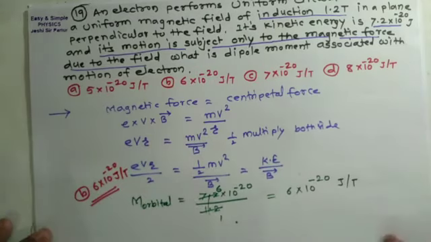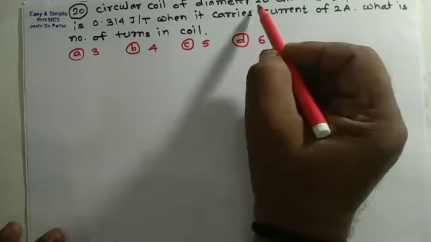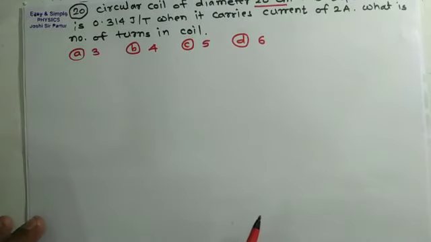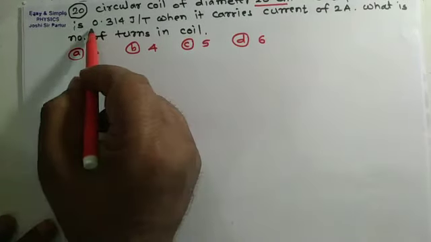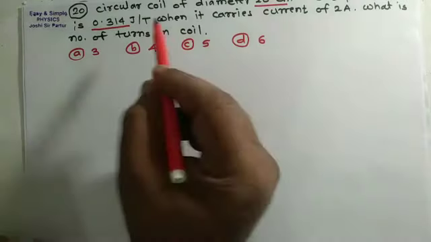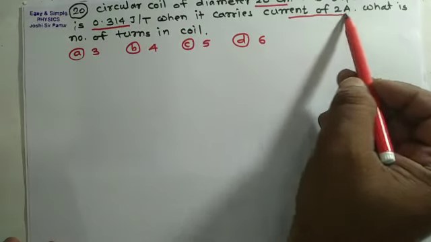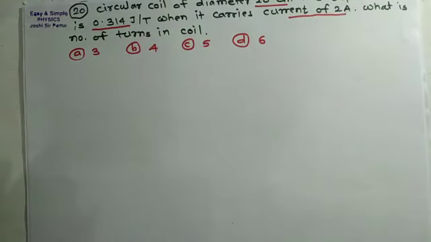That is the answer. Again, a circular coil of diameter 20 centimeter is given, and it has a dipole moment of 0.34 joule per Tesla, that is ampere meter square. When it carries a current of 2 ampere, what is the number of turns?